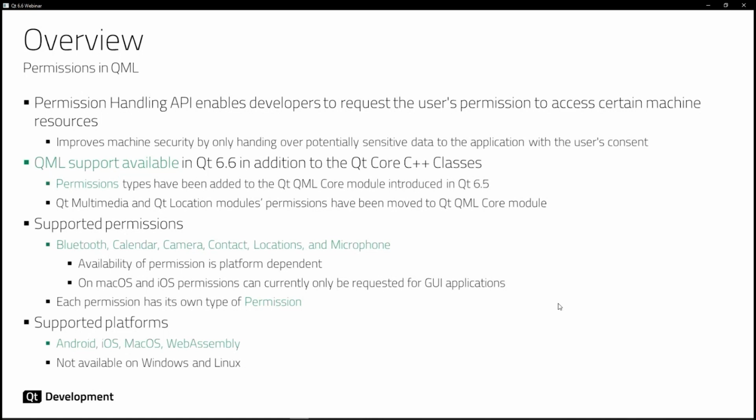That means the permissions that were already available in the Qt Multimedia and Qt Location modules have also been moved to the Qt QML core module. So you will have, for instance, Bluetooth, calendar, camera, contact, location, and microphone supported, and they have their corresponding permission types, such as BluetoothPermission, ContactsPermission, and so on.